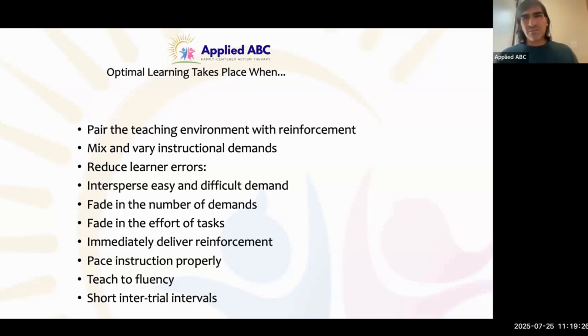Pace instruction properly. Once you're rolling, it should be fairly quick. Again, that's all about the lack of ambiguity: this is what I'm asking, this is what you did, this is what you get. And then on to the next. The thing gets eaten, you're back into it. Or if it's a toy, we've established it's going to be 10 seconds of reinforcement, 15 seconds of reinforcement, that kind of thing.